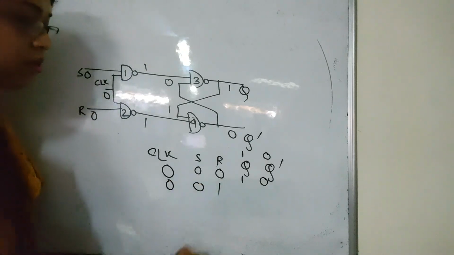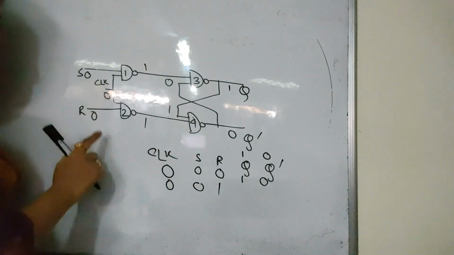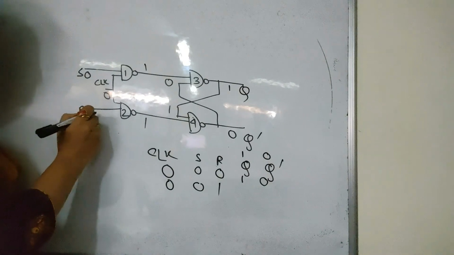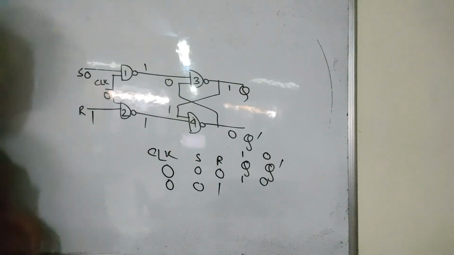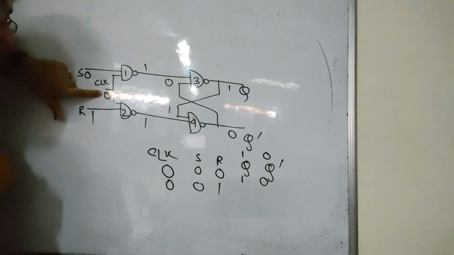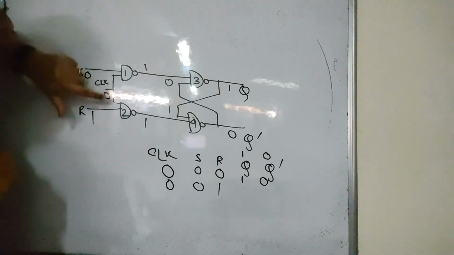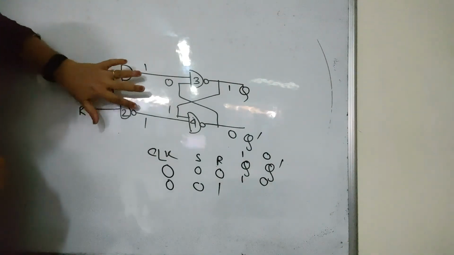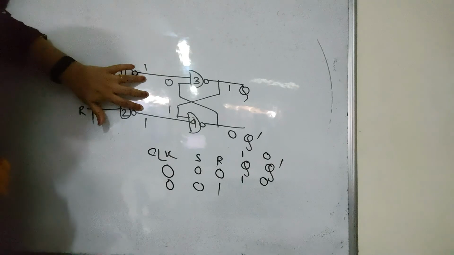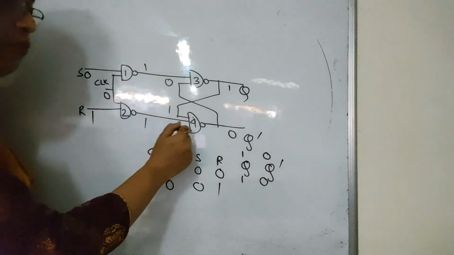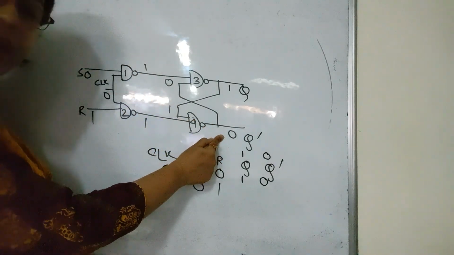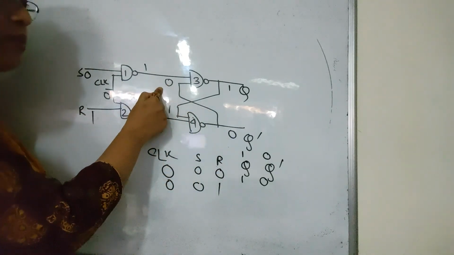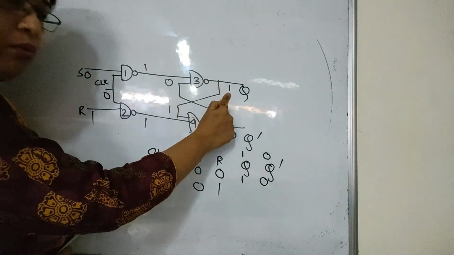Let us change the state to S0 R1. So S is 0, R is 1. Now since clock value is 0, NAND gate number 1 and 2 both again are going to give us outputs of 1, and again we have to depend on the feedback line. Q dash is going to give us a 0 and Q value will be 1.